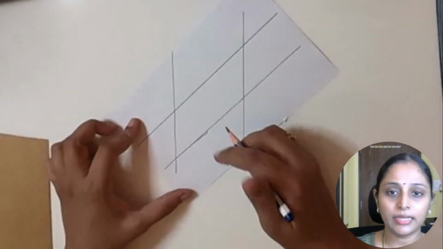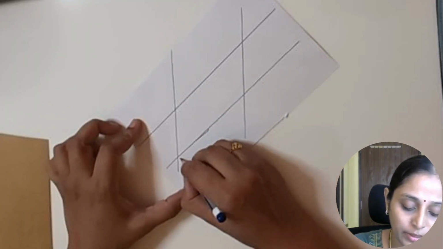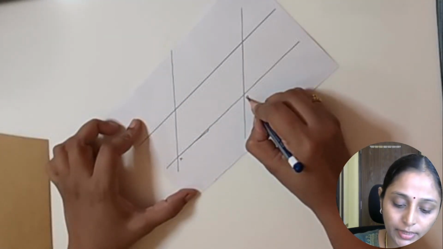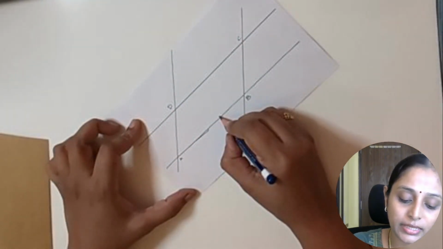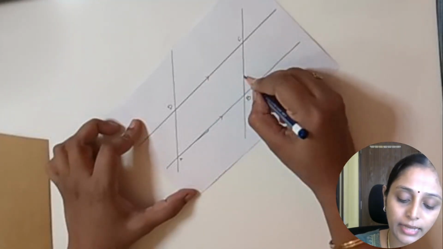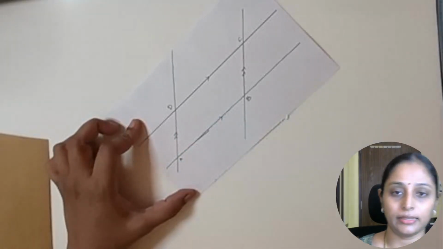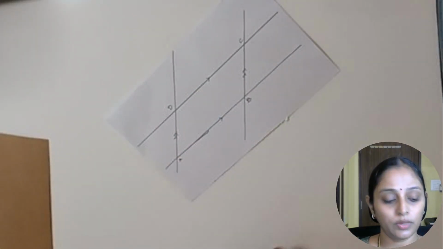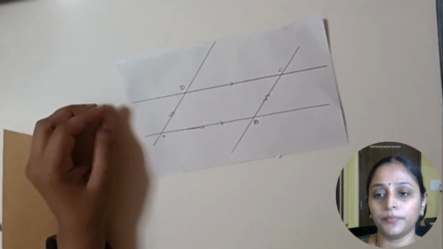Now you can see that this is my overlapped region, and if I name it A, B, C, D, you will see that ABCD is a parallelogram because it has two pairs of parallel sides, right? So this is the activity that they are suggesting to check a parallelogram.